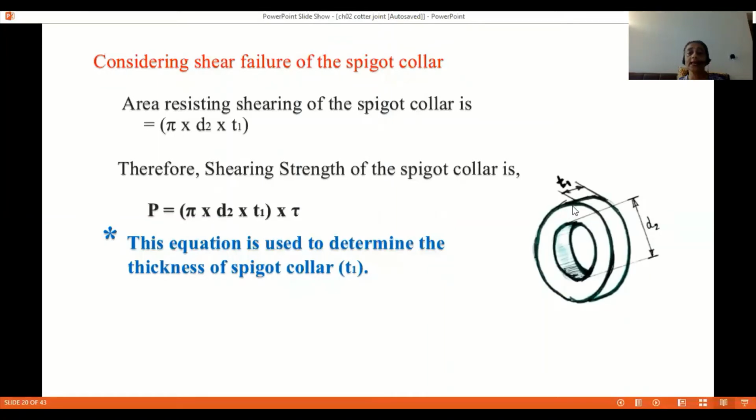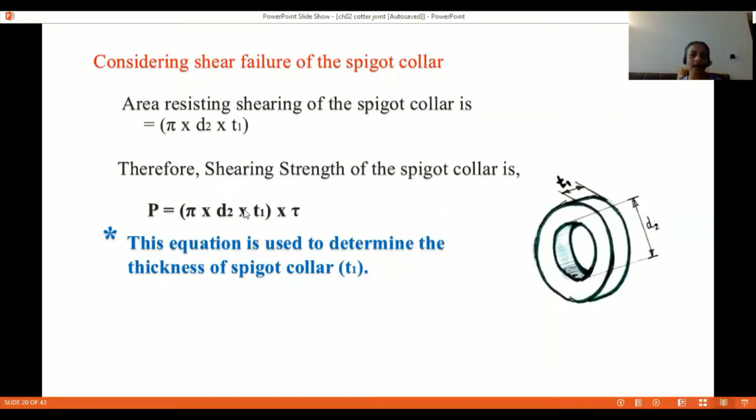Thickness is the thickness of the spigot collar. So from this, it is pi into d2 into t1, that is the area of shear failure of the spigot collar.